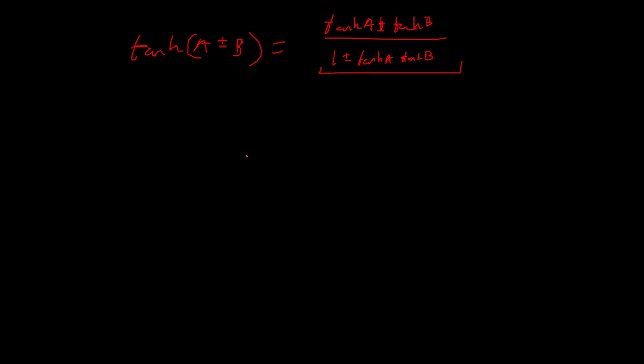We can just substitute a equals b. We'd be getting tanh 2a equals 2 tanh a over 1 plus, since it's a double angle, that's important, 1 plus tanh a times tanh a, so tanh squared a.